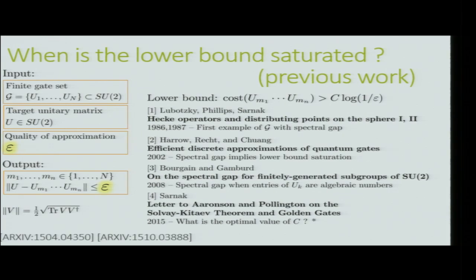So it tells us that if we have a spectral gap, then such a sequence will always exist, such that we can achieve this log 1/epsilon scaling with the quality of approximation. But the next question is actually, can you find it constructively, right?